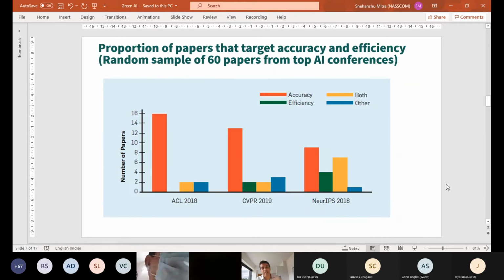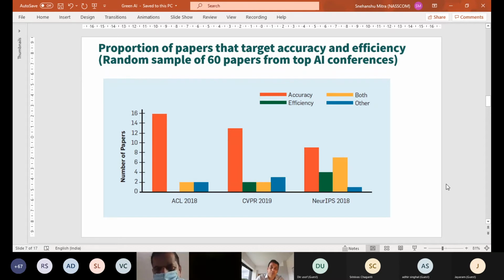This is a very interesting example that we can all look at. A random sample of about 60-odd papers that were presented in various AI conferences across the world were profiled. And it's interesting to see what kind of metrics those papers focused on. The accuracy part, which is represented in the red bar, clearly stands out.